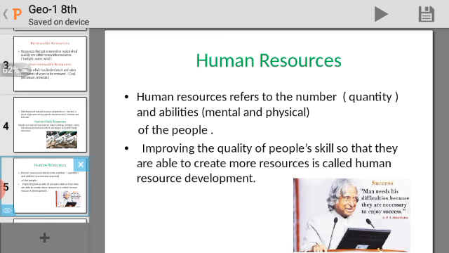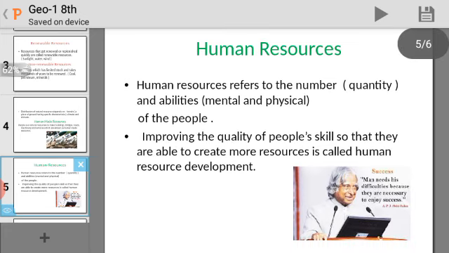So on the basis of the number and abilities of the people, we can consider them as human resources. Like mental ability, like scientists, whose main work is thinking and making experiments.